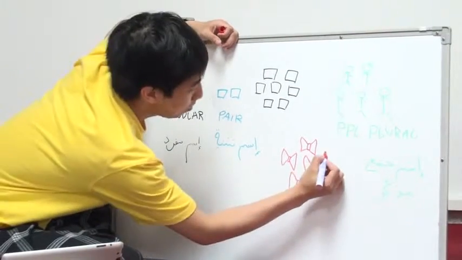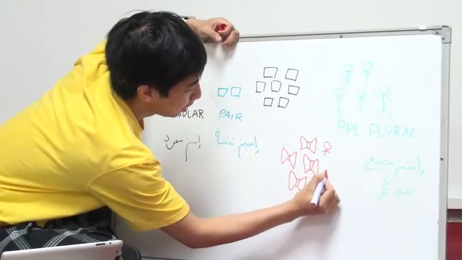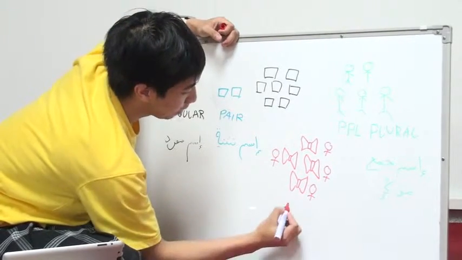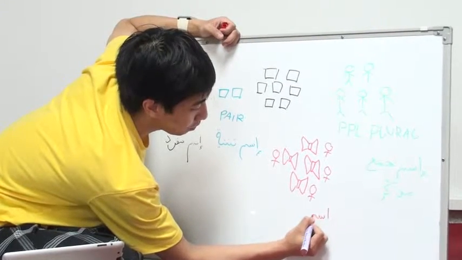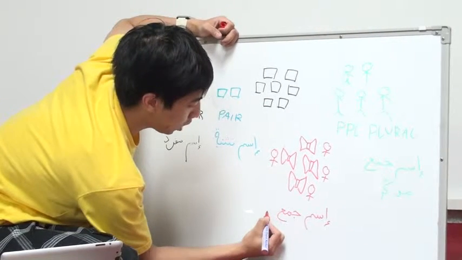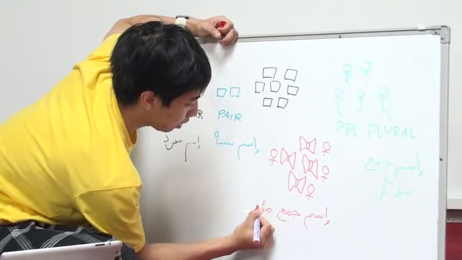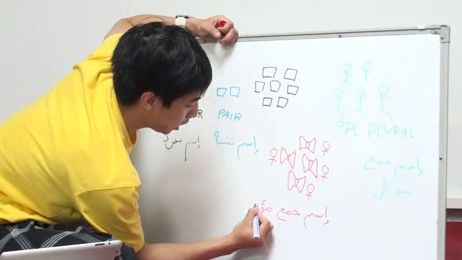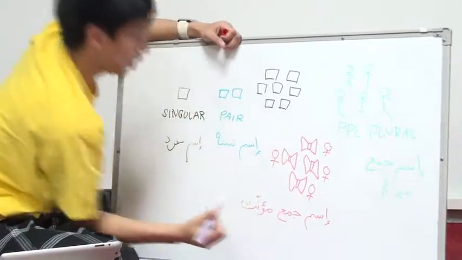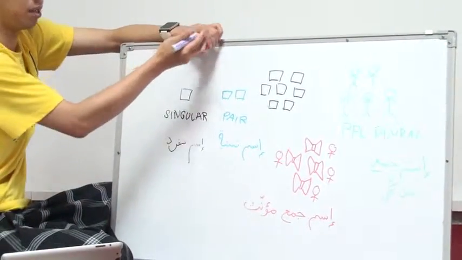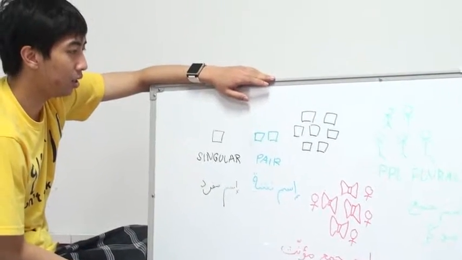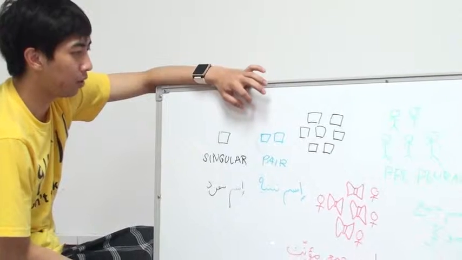Not really? Or maybe I will give some extra here. Okay. So this is ism jama' mu'annath. Ism jama' mu'annath salim. Okay. How many do we have here now? Four.